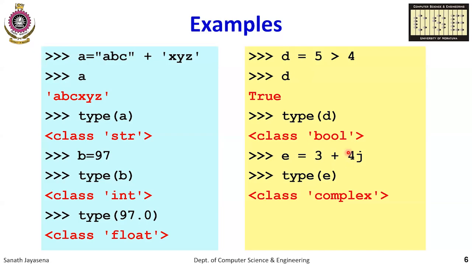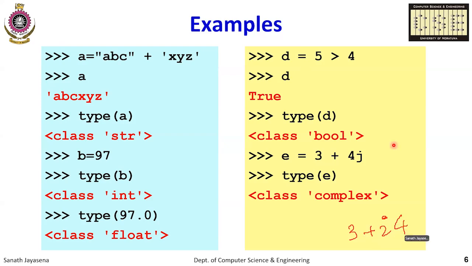And in normal mathematics, we would have used I to indicate the square root of -1. But in Python syntax, J is the equivalent of I in complex numbers. So J indicates the square root of -1, and it is written after the imaginary part. In normal mathematics, you would write this as 3 plus I4, right?